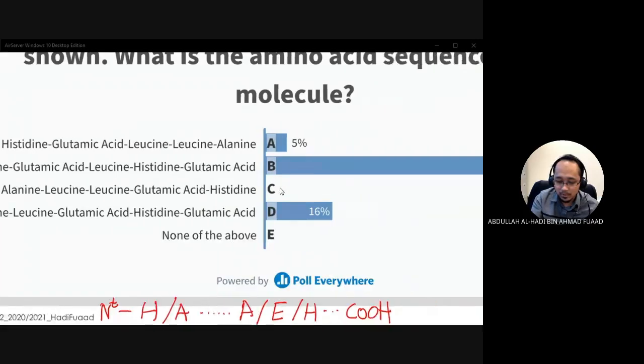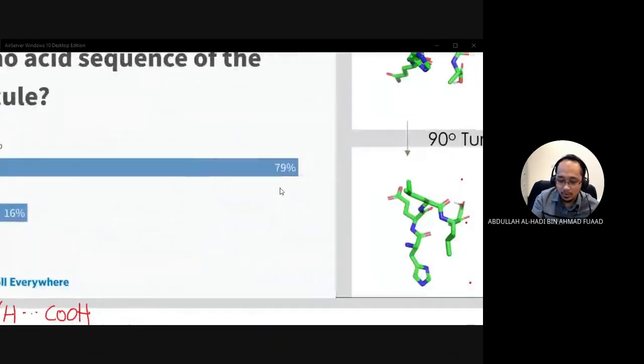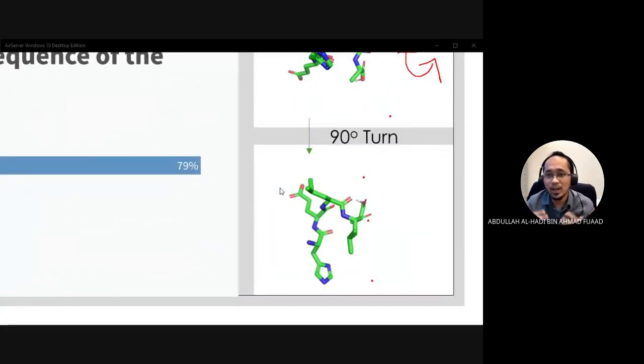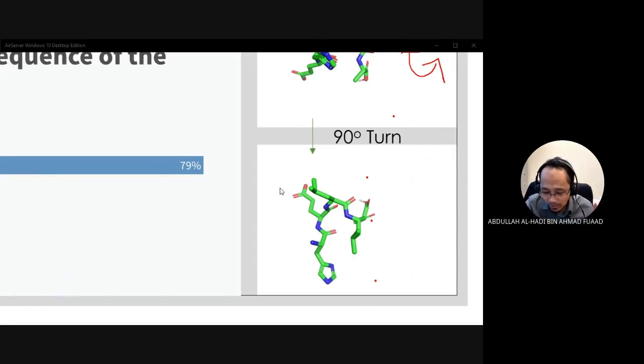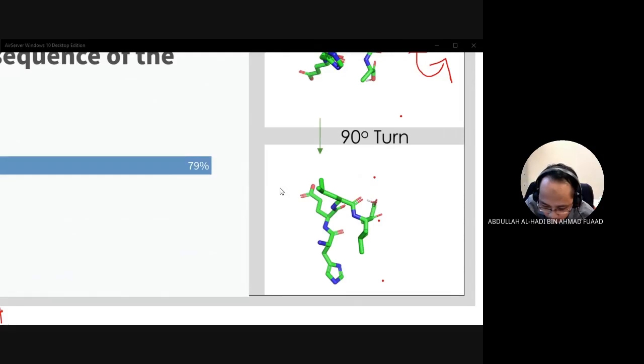All right, so if you encounter a similar question like this again, the first thing that you need to know is to identify where is the N terminal and where is the C terminal. So if you look at this image, you'll see one carboxyl over there.